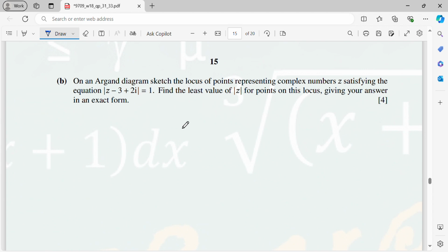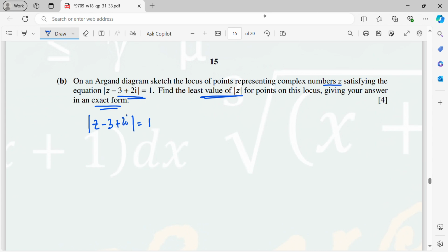Now part B: on an Argand diagram, sketch the locus of the points representing the complex numbers z satisfying this equation. Find the least value of modulus z for points on this locus, giving your answer in exact form. So now, modulus of z minus 3 plus 2i equals 1. This is basically the equation of a circle.